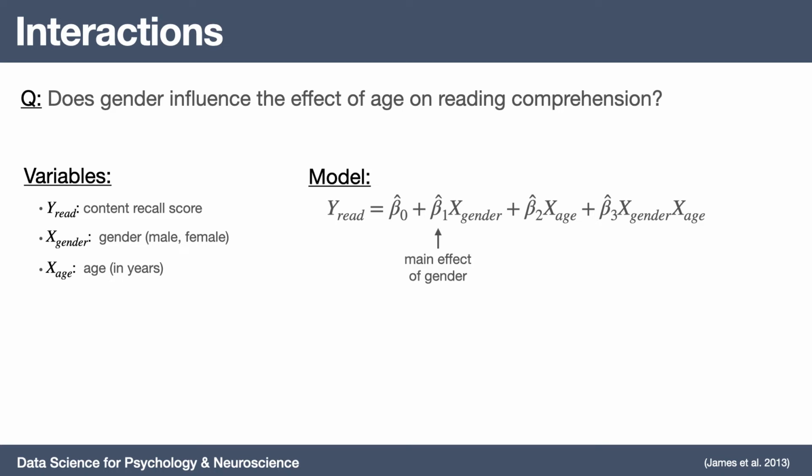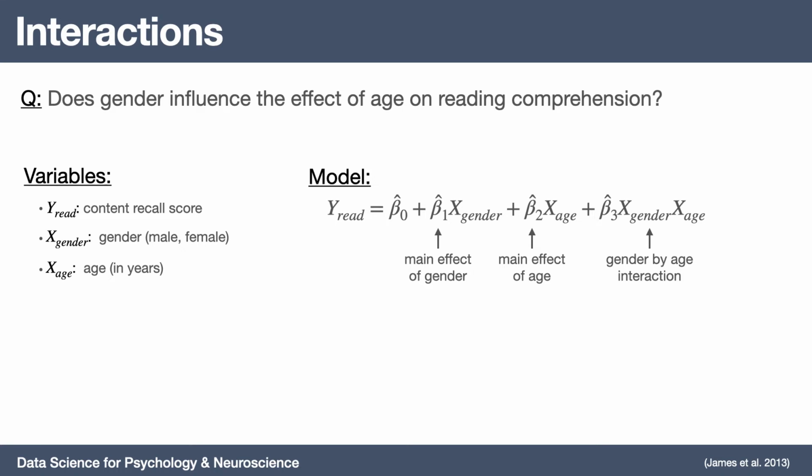We would have one main effect term of gender, in this case beta hat 1 times the gender term. We would add in a main effect of age, which is beta hat 2 times the age term. And we create an interaction term by multiplying the gender identity term with the age term and include that new variable in our regression model, such that the regression coefficient beta hat 3 represents that interaction.